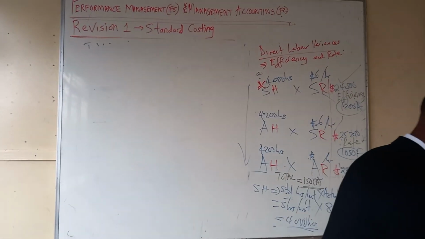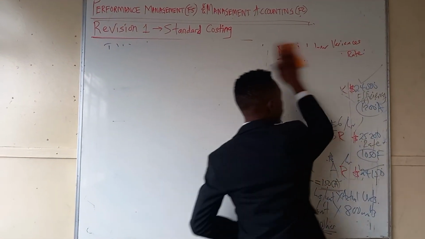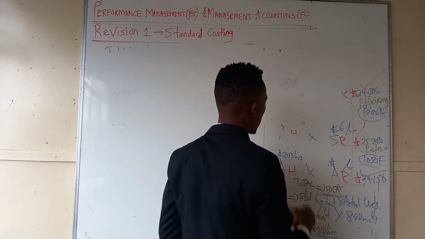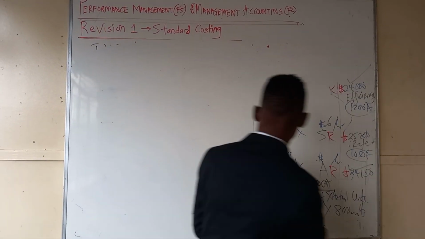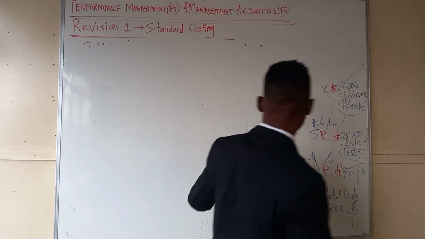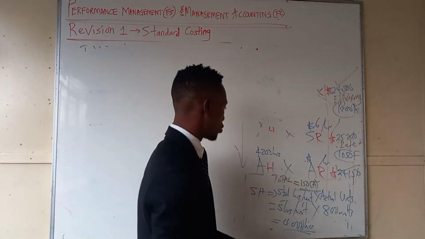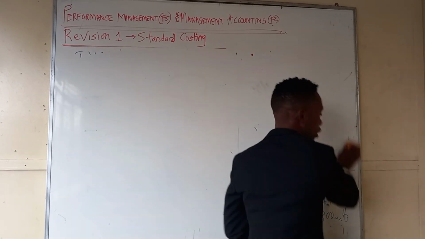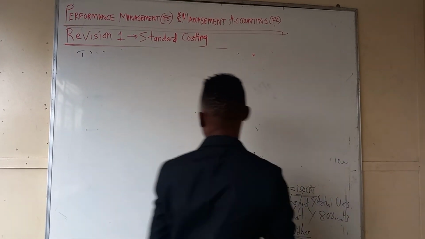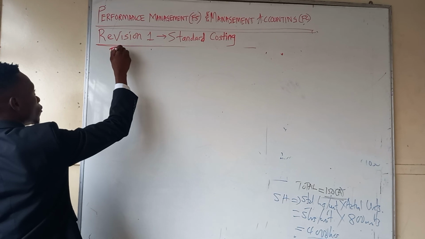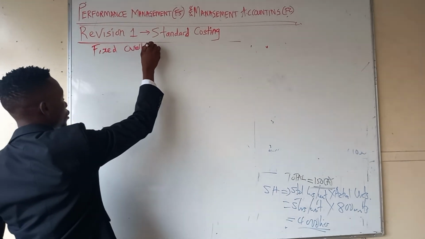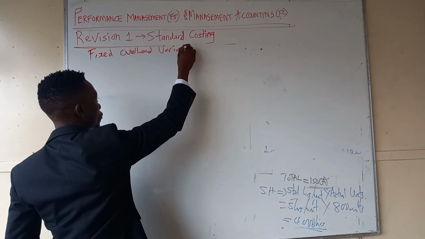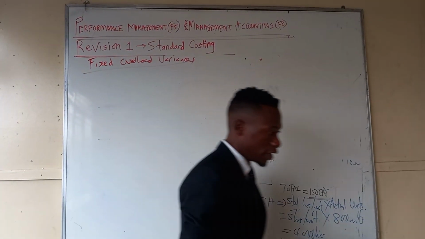Then the last thing now, okay, I need these hours, right, on SAR, that was 4,000, we flipped the budget and we actually got 4,000, okay, that's fine. So the last thing I want us to look at is the fixed overheads. The fixed overhead variance.